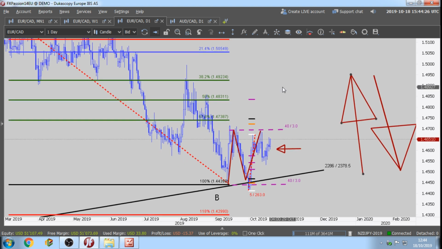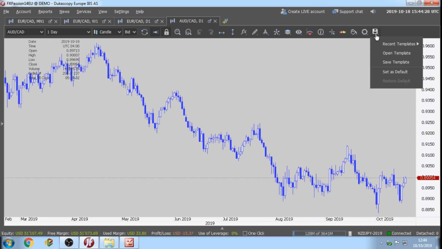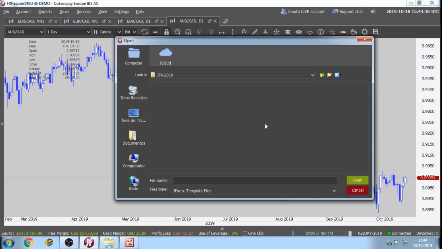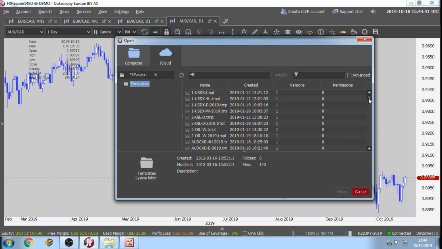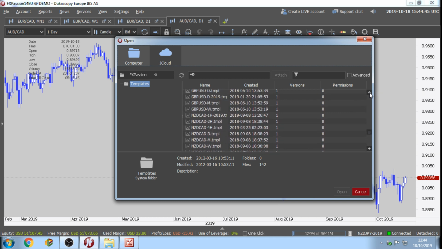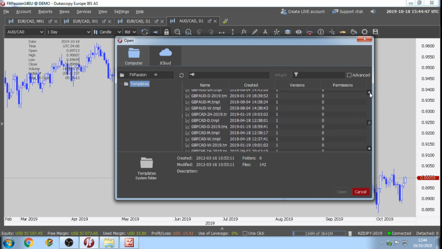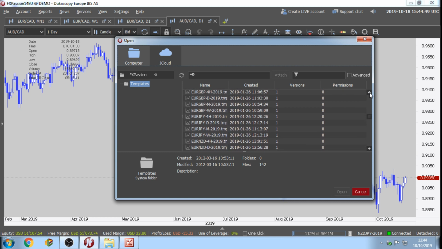Now this is EuroCAD daily chart. Let's open EuroCAD. We have 10 more minutes. I don't know if I have the 4-hour chart or the 2-hour chart. Let me see. EuroCAD. 4-hour chart.